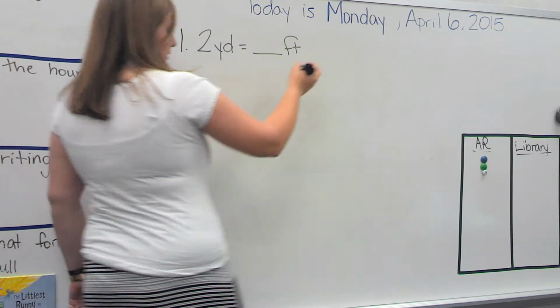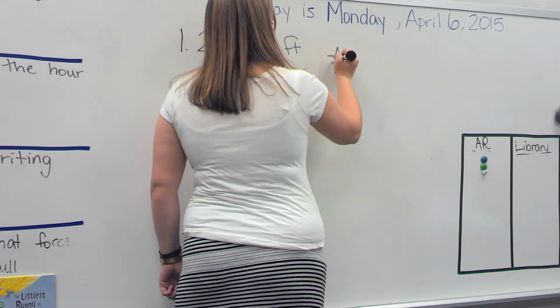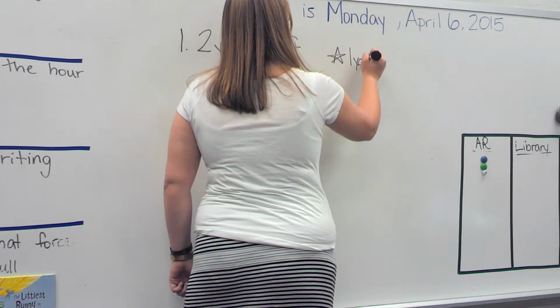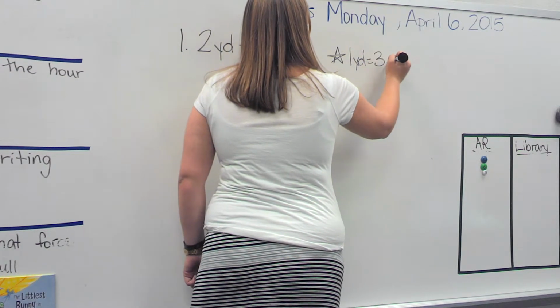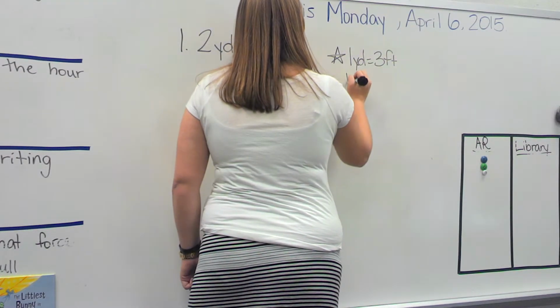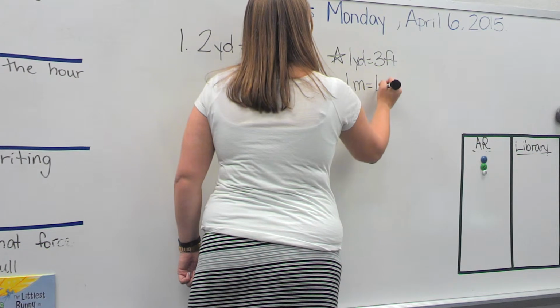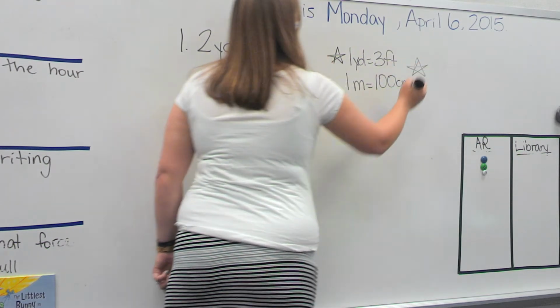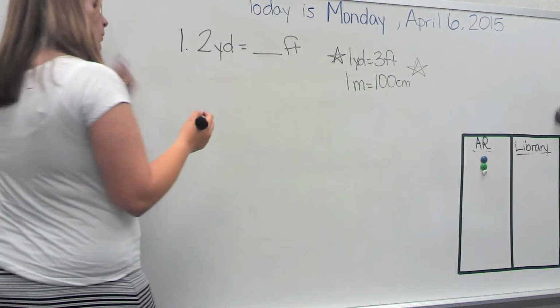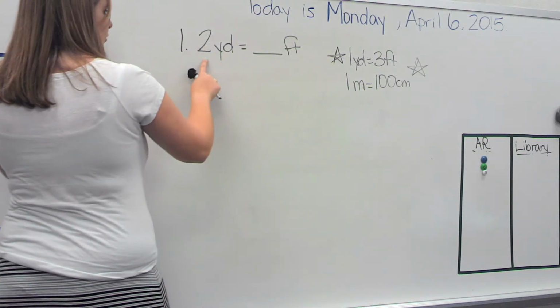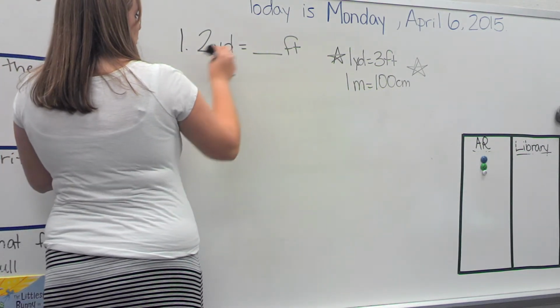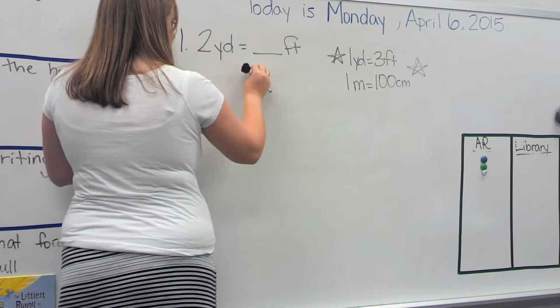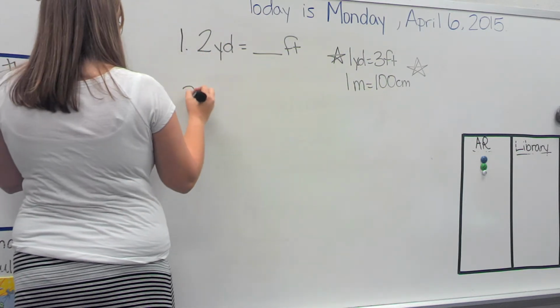Remember, this is important to put on your paper so you remember: 1 yard is equal to 3 feet, and 1 meter is equal to 100 centimeters. Make sure you've got that on your paper so that you can see it. So your first question is 2 yards is equal to how many feet? Remember, you add the number of feet this many times.